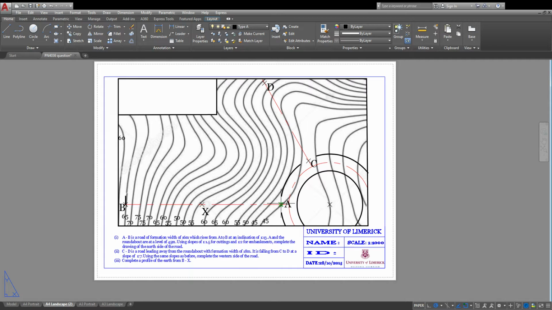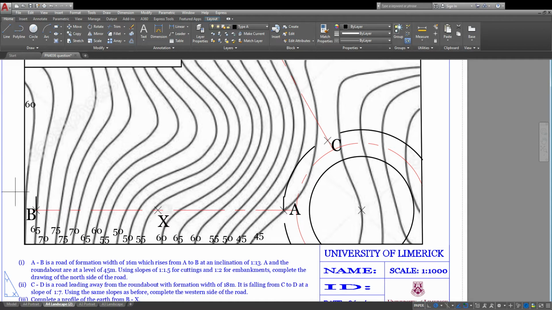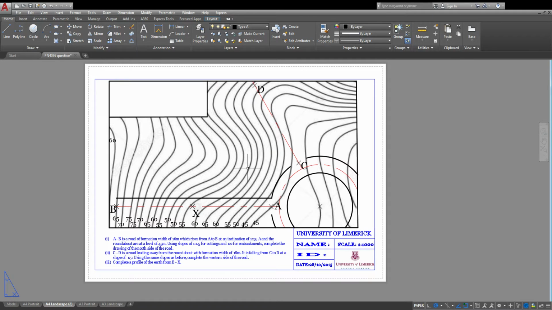Now I'm going to go from A up 8, and now I can join A to B. More specifically, I'd be joining A to the roundabout, or B to the roundabout. So I can get rid of that line now, and the B line there. Now I can copy that onto the other side of the road as well. So that's one side of the road.